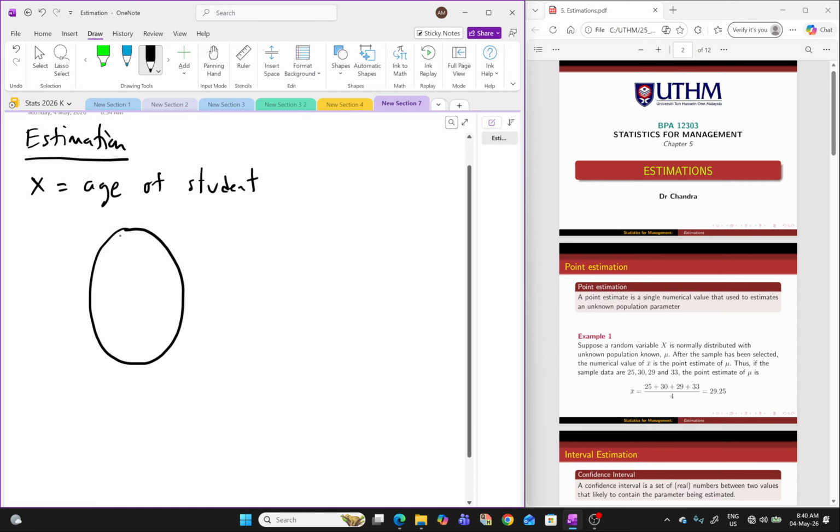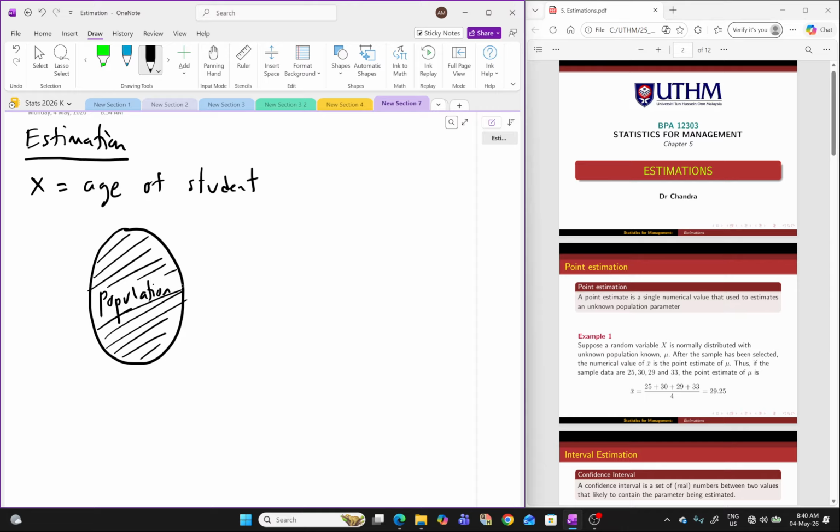This part, this Malaysia here, I call that as population. This is population. Let's say this is the whole thing. What is population?